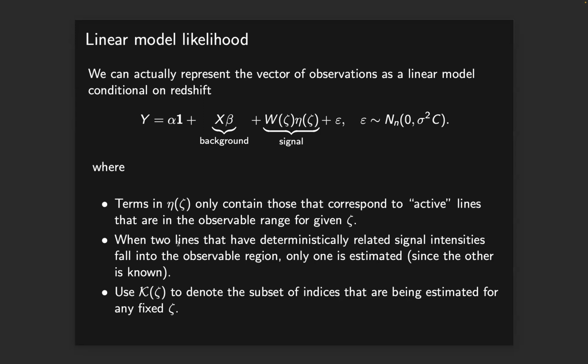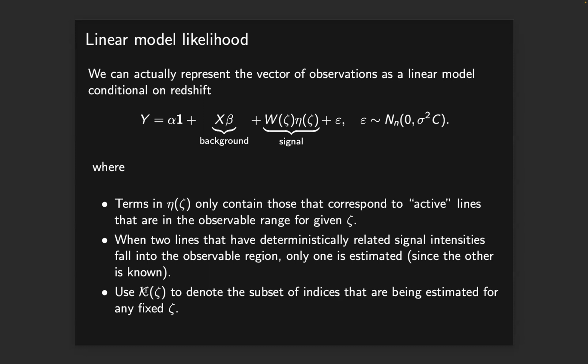Likewise, there are those deterministic constraints I mentioned before. This information is encoded in the sense that we only need to estimate one of the two lines if they're both present in the observed range. So we have constraints that need to be accounted for. When we do that, then we can proceed for every fixed redshift, thinking of this as a linear model.